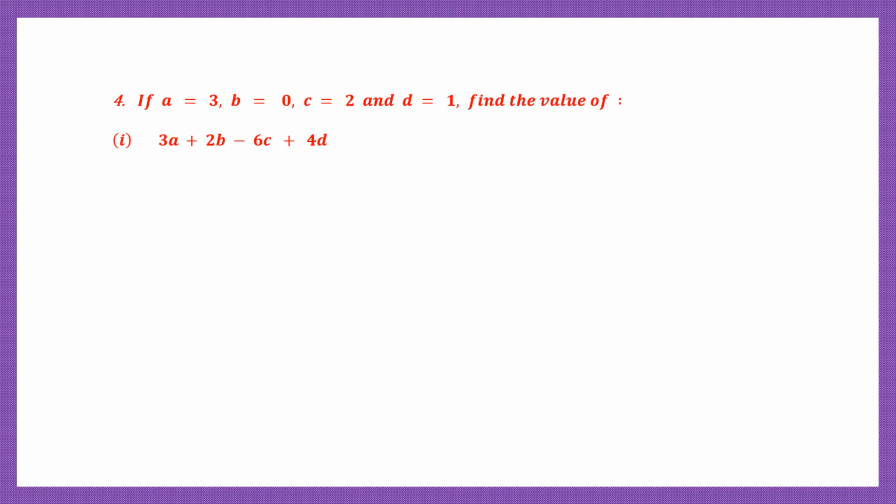Question 4. If a is equal to 3, b is equal to 0, c is equal to 2 and d is equal to 1, we have to find the value of this expression. So let's start. 3a means 3 into a plus 2 into b minus 6 into c plus 4 into d.